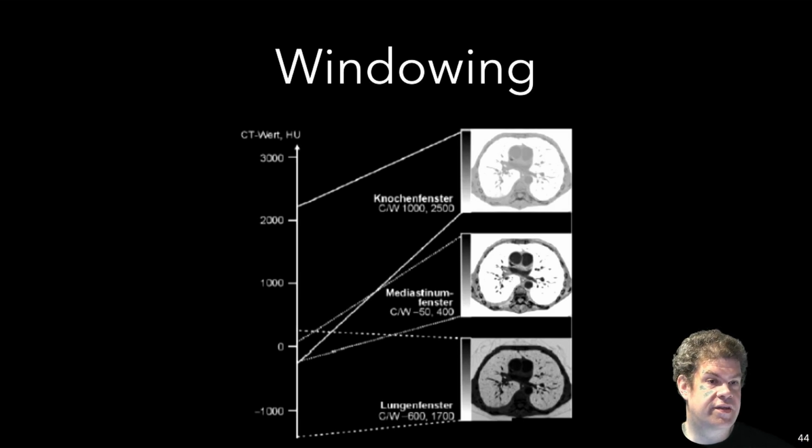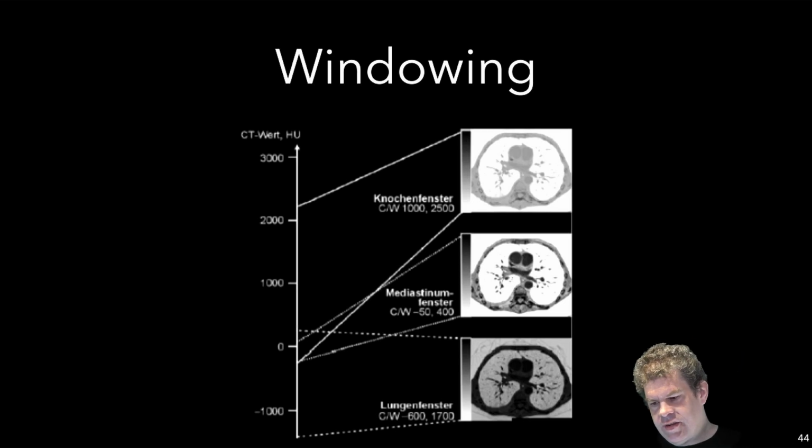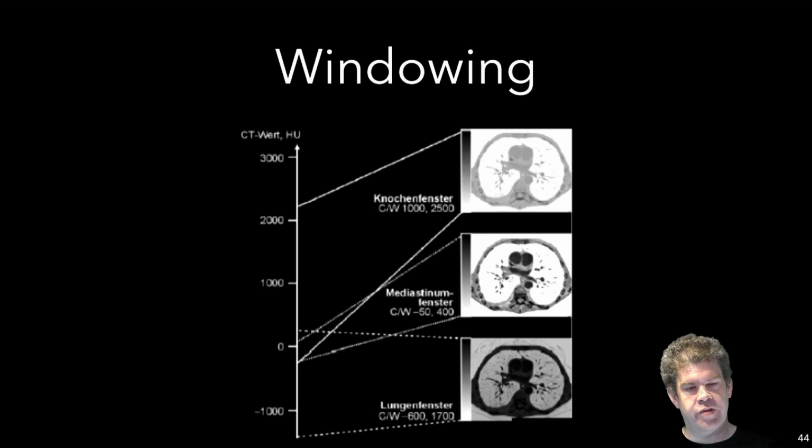MR basically detects bipolar molecules, essentially water, and CT is based on absorption characteristics. So it's different, and then there's of course ultrasound as another alternative. I guess there's a slight push, as far as I can tell, in the medical community towards first doing other scans and then using CT.